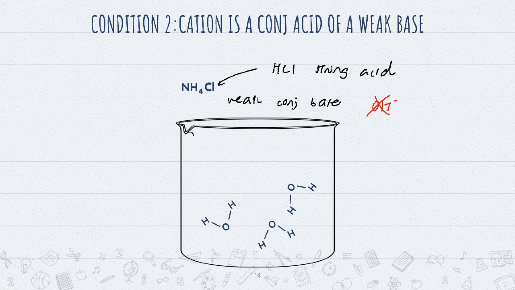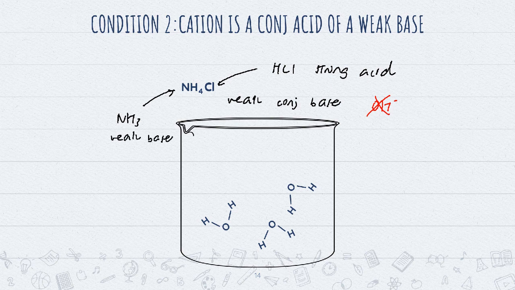Therefore, since no OH minus ions are produced, our anion is not really important in this case. Now let's focus on our cation, which is the ammonium ion. Using the same relationship we learned previously, the ammonium ion is the conjugate acid of ammonia, where ammonia is a pretty weak base in our syllabus.